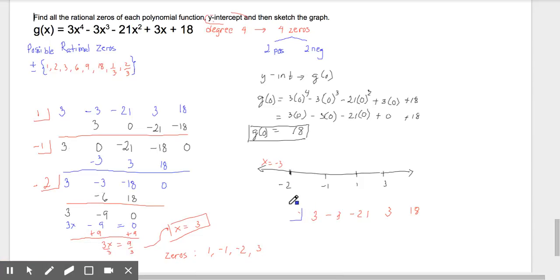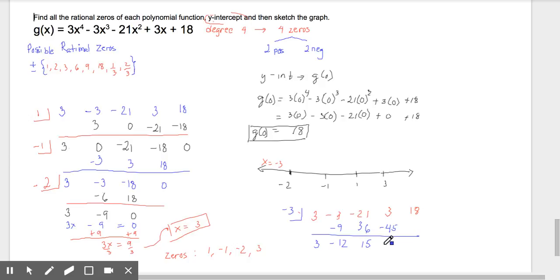We want g of negative 3. So we bring down 3, negative 9, negative 12, 36. This is 15. This is negative 45.